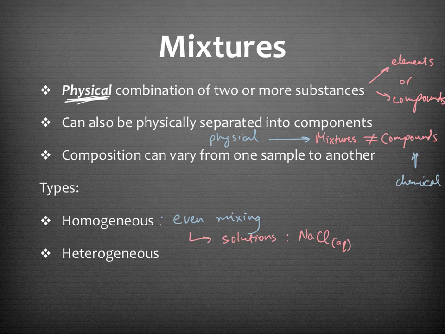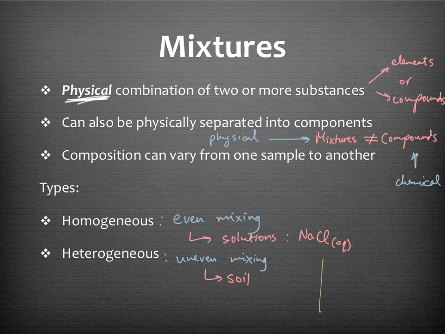Typically this symbol, aq, aqueous, indicates that's a solution, therefore it's a homogeneous solution. On the other hand, heterogeneous is uneven mixing. That means if you take a sample, it's not going to be the same composition throughout. Whereas homogeneous, take a sample, it's the same amount throughout. It's even. So heterogeneous mixtures could include soil, as an example. Take a clump of soil, you might not have the same composition of material in that soil.